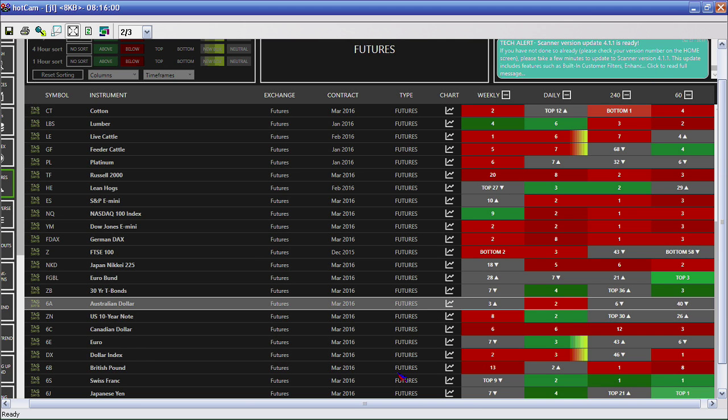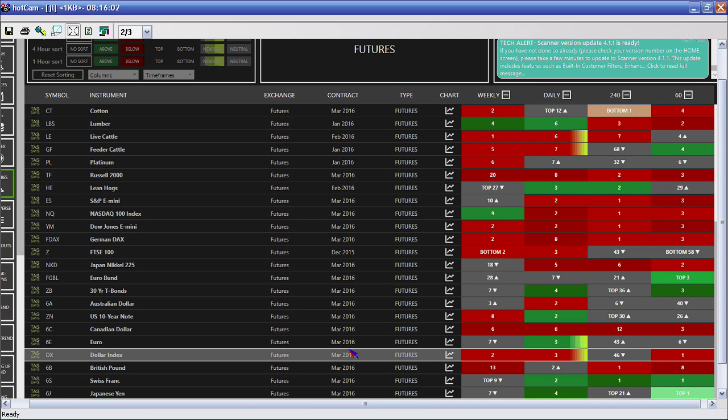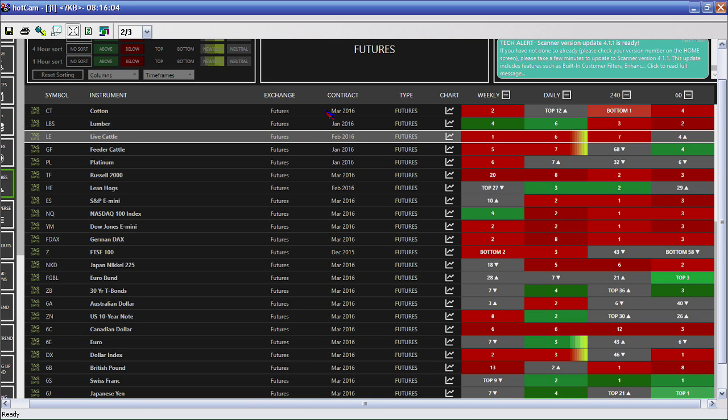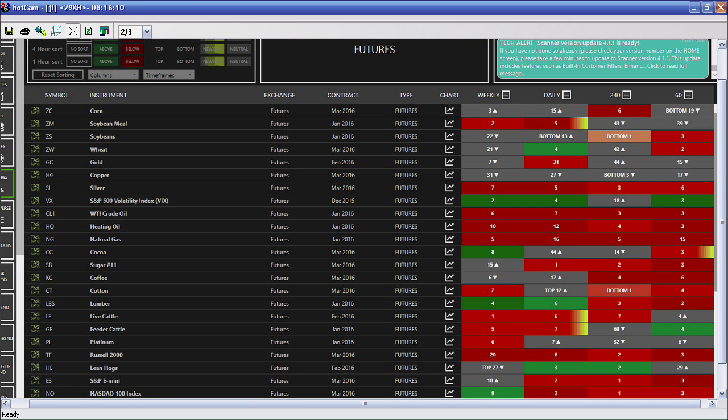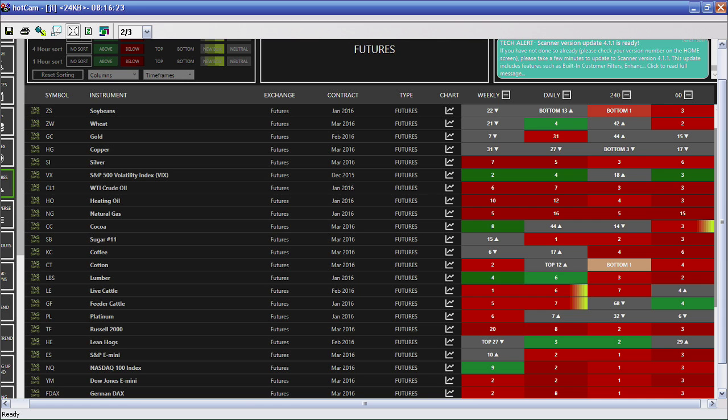By the way, in the scanner, if you guys don't know this already, on the futures contracts it's always a weird situation trying to mesh together continuous contracts, like new crop months, old crop months. So we use the front month, as eSignal does their rollover to the front month contract.